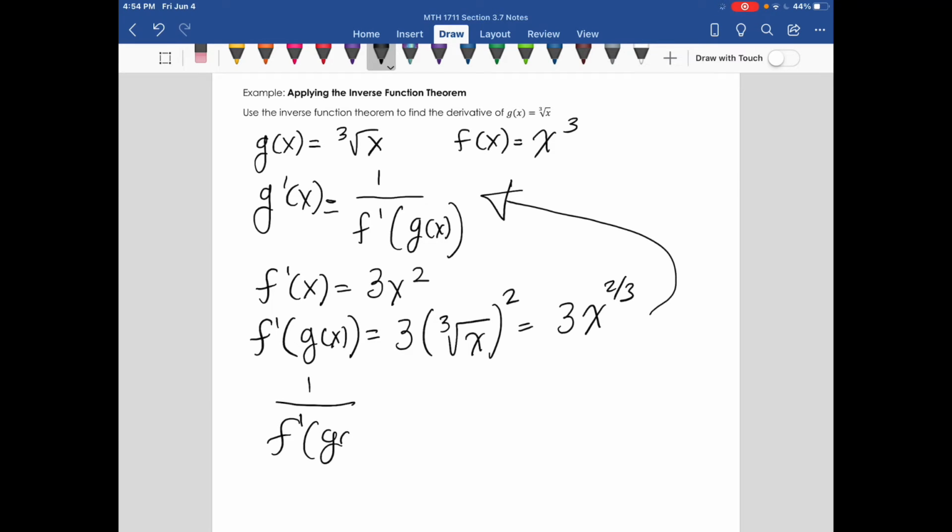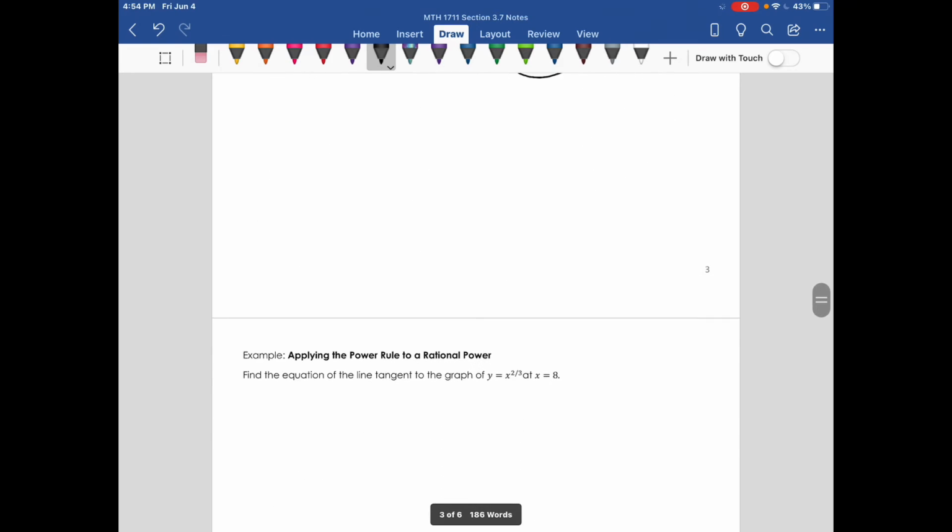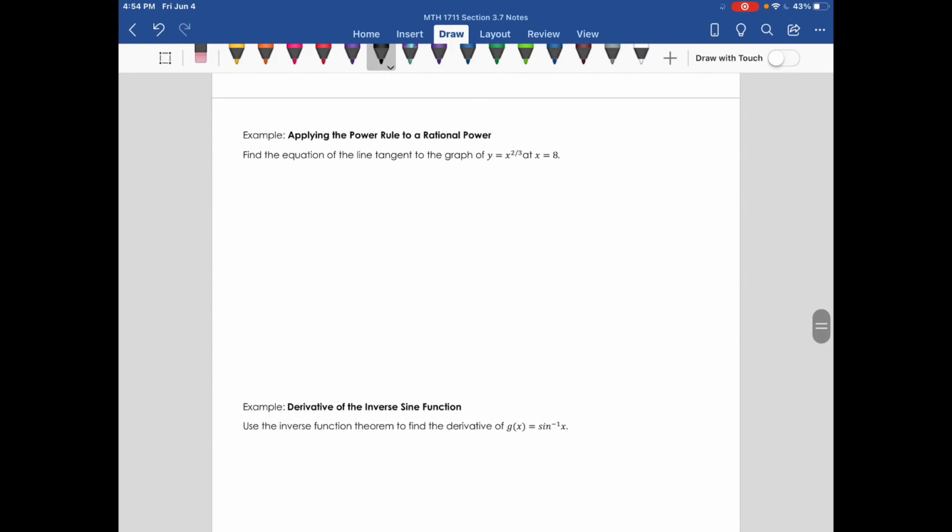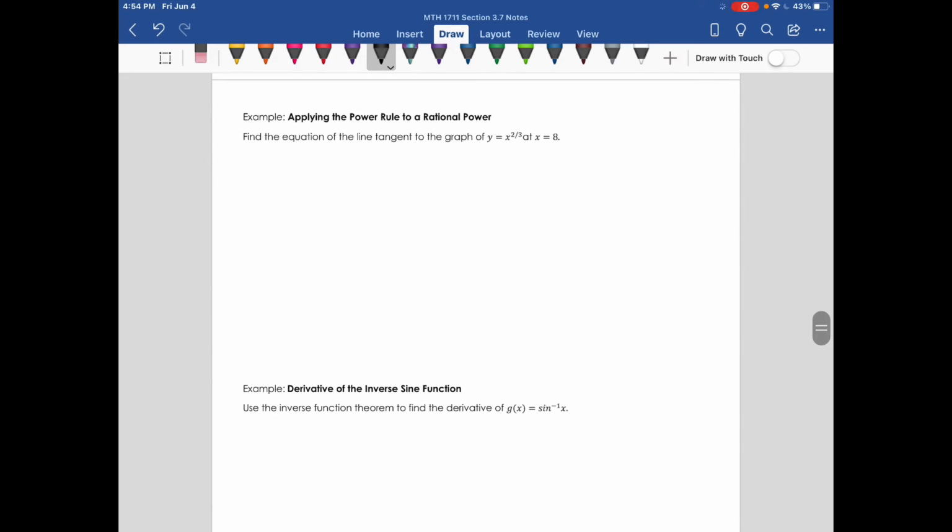So now I have the derivative of f evaluated at g of x, and the last step is to take the reciprocal. So 1 over f prime of g of x is 1 over 3x to the 2/3, which we can write as 1/3 x to the negative 2/3 if we want. Either way, these are the same thing.